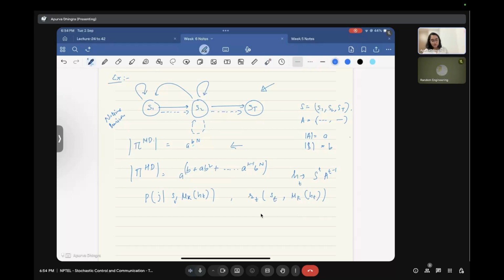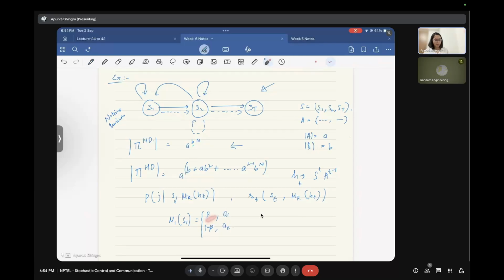Now what you can try out is, first of all, randomize it. There is action number one and there is action number two. The first policy is, let's say when you see S1, to decide with what probability you're going to take action A1.